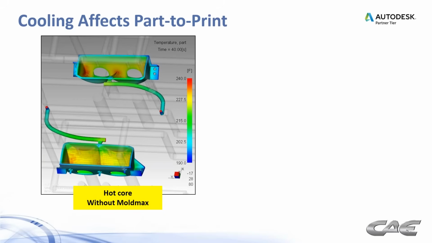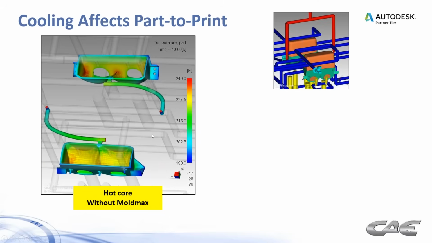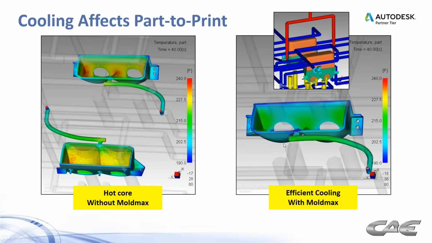In this case, we have a small reflector piece. We have a hot core with conventional cooling. They have a couple of thermal pins in there. But you see there's some heat buildup inside that deep core there. So the solution we came up with on that was to introduce MoldMax cores to the equation and make sure that we had cooling inside those MoldMax inserts.